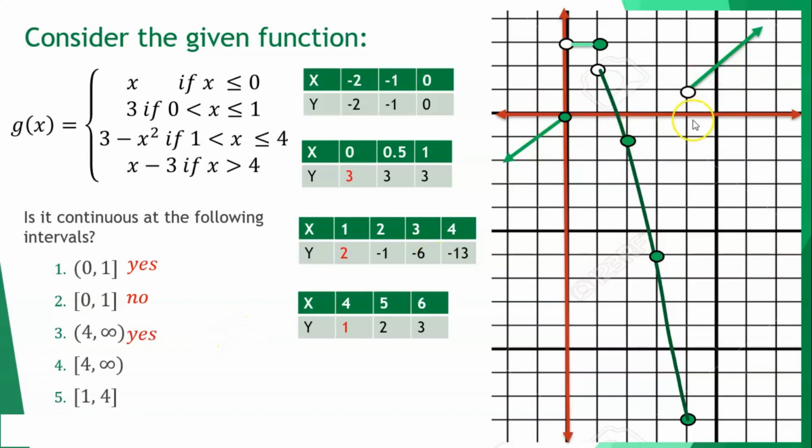But from 4, including 4, until positive infinity, our answer is no, because we have here open and here closed at the bottom. Then from 1 until 4, and it is included, our answer here is no, because at 1, there is a gap. Then from negative infinity until 0 open, our answer here is yes. So take note of this one.